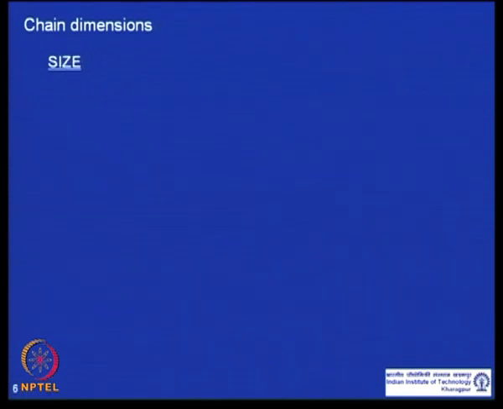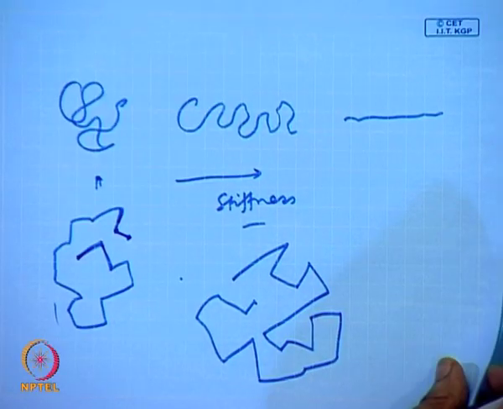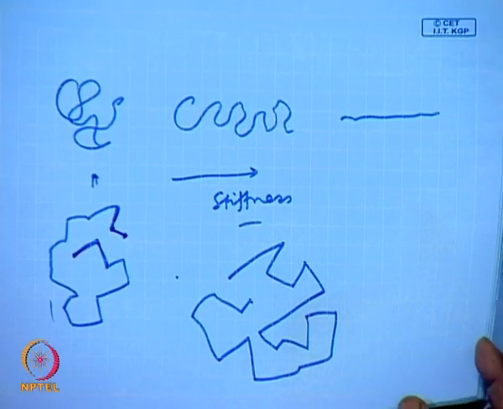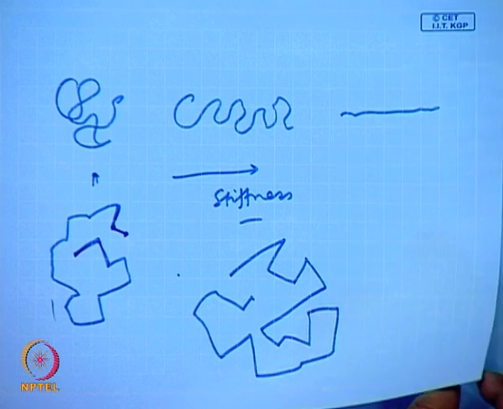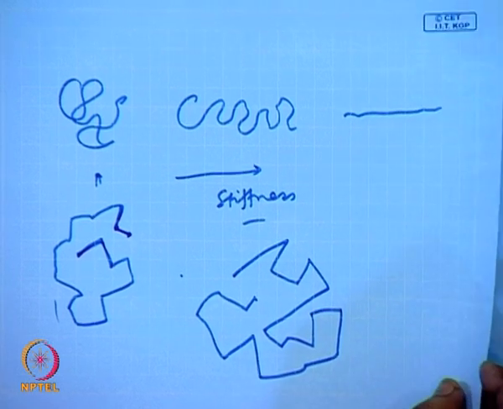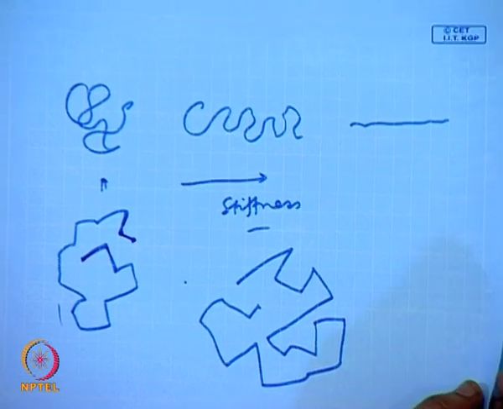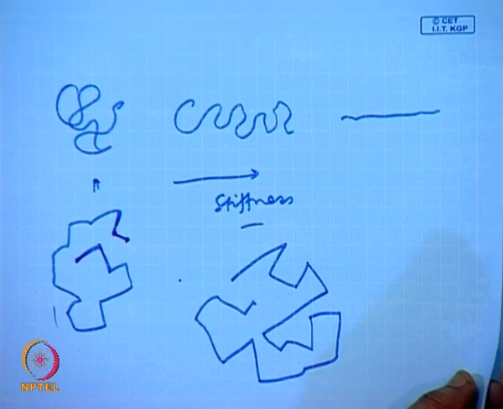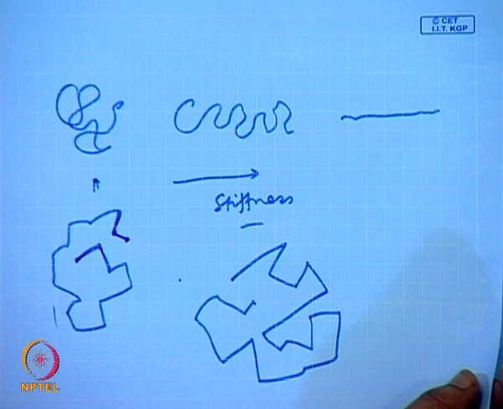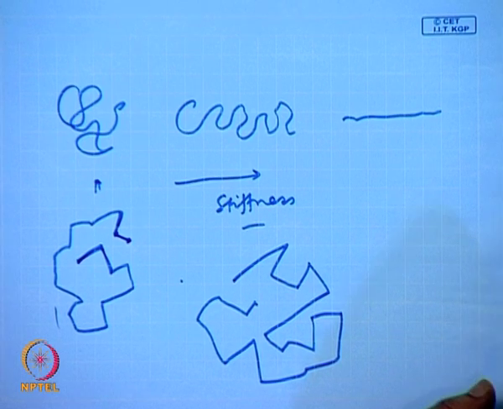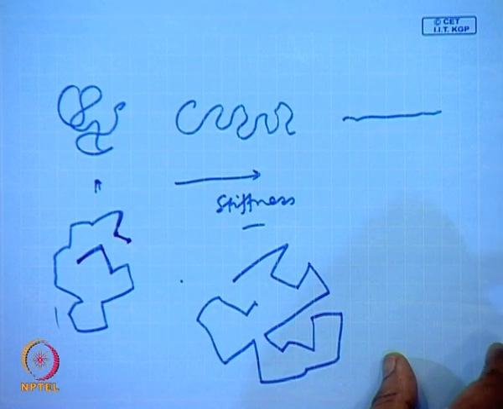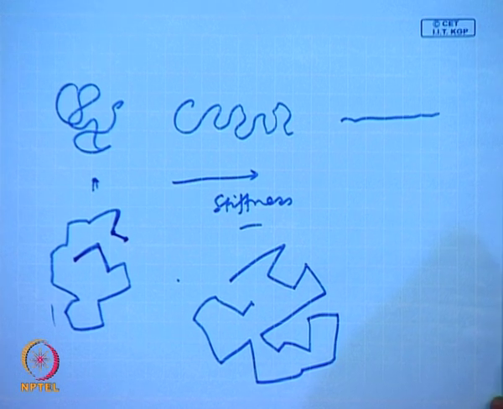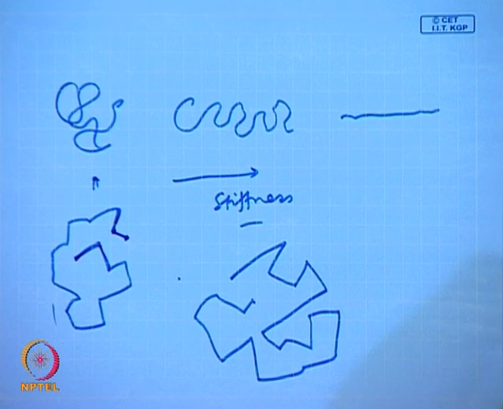We have talked about shape: it could be random coil, worm-like, or rod-like, and in most cases the polymers we deal with are flexible enough to become closer to a random coil. So we will discuss only the random coil, not the other two conformations of polymer molecules.